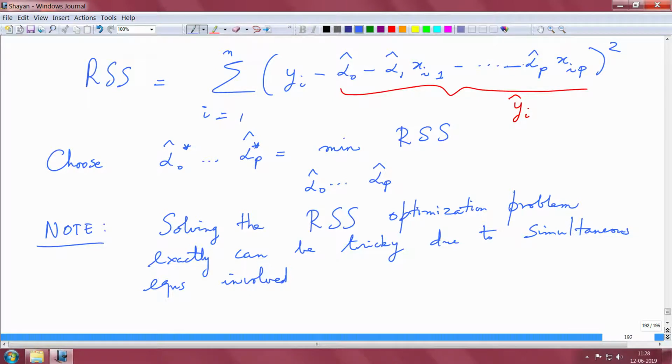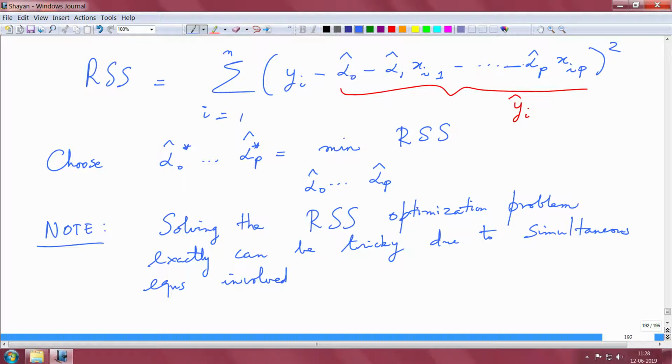Now you may wonder why I did the analytical form for the single variable case. If you did the calculus here taking the partial derivatives with respect to all these quantities, it is going to be a very tricky problem and also cumbersome, right.